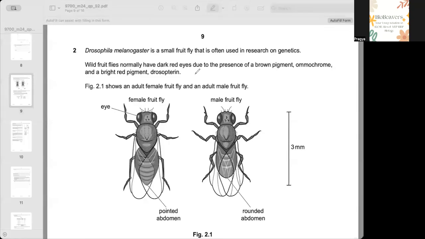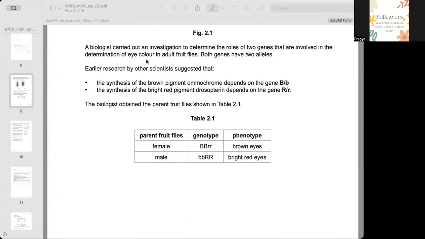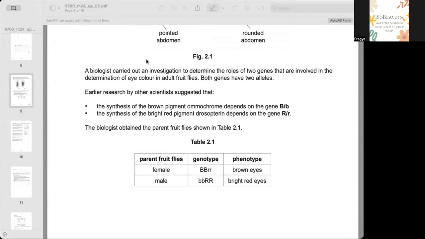That is the dark red eyes, and the presence of brown pigment is something you can underline. Then we see what they have done. They've carried out the investigation to determine the roles of 2 genes that are involved in determination. As I mentioned, because they're talking about eye color, of course it is related to genetics.